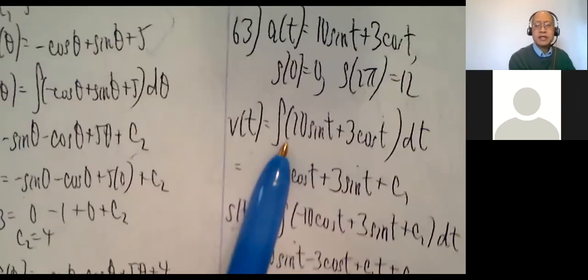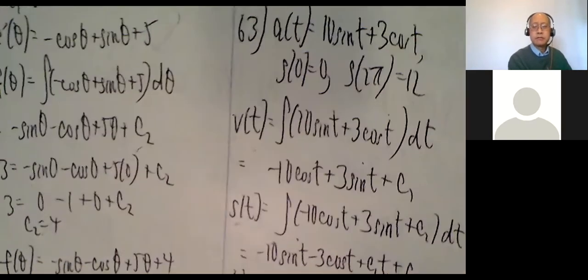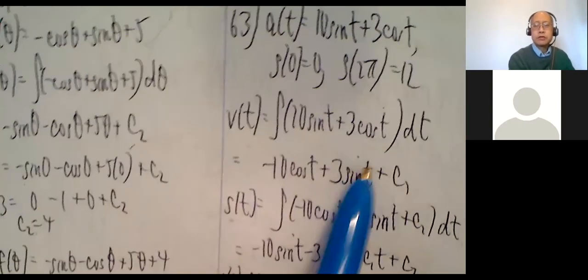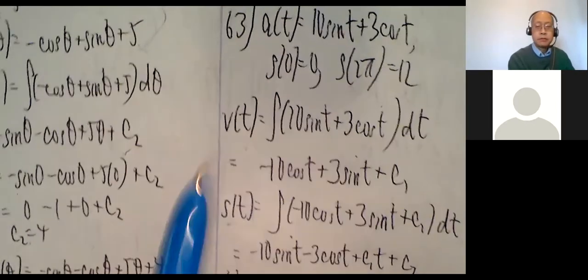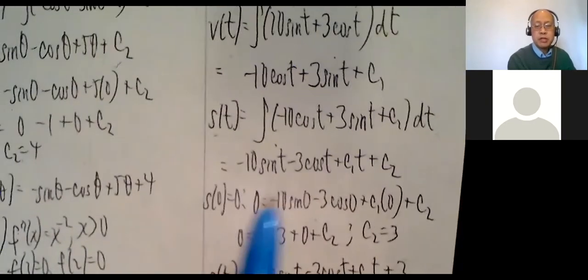All right, integral of 10 sine t, negative 10 cosine t. Integral of 3 cosine t, 3 sine t, plus C1. Remember, double check.